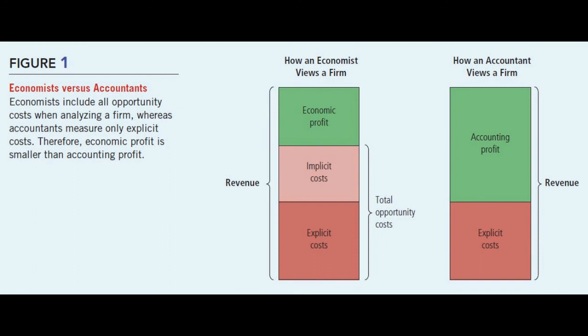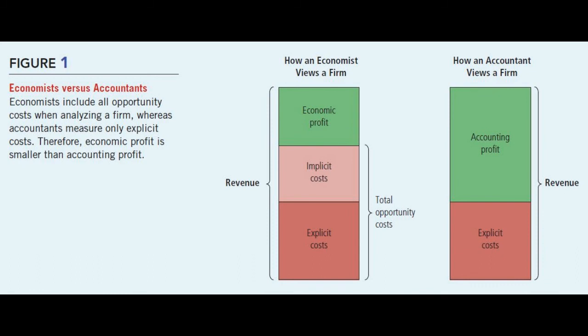And this led us to two different understandings of profit, this implicit versus explicit cost. An accountant sees only explicit costs. If you don't have to write a check for it, then the cost doesn't exist. An economist would take into account all opportunity costs. So you want to include not just the explicit costs, what you have to write a check for, but also the implicit costs, the opportunity cost of you going into this business, the opportunity cost of your money going into this business with you.